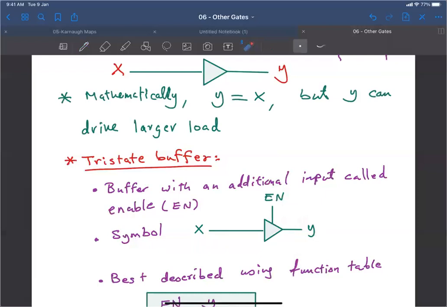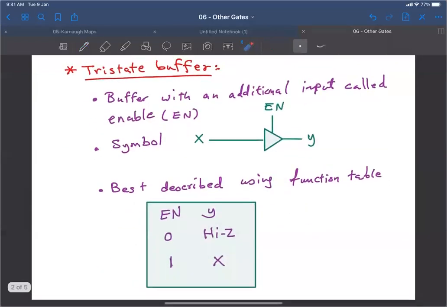So Y is not connected to any other node here if enable is 0. If enable is 1, then Y is connected to X. If enable is 0, then Y is not connected to anything. So this is the function table here. Pay attention to this because we are going to use it in the examples later.